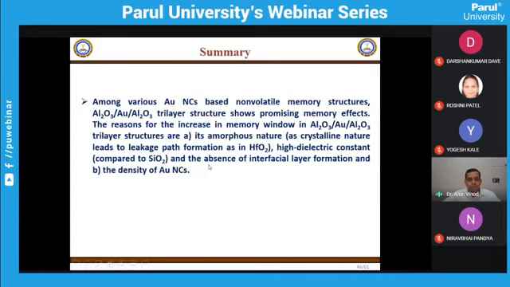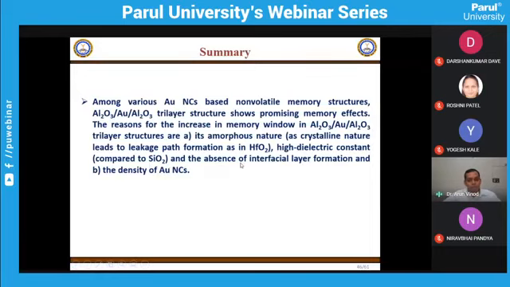So the crystalline structure led to a leakage path, and as a result, the stored charge leaked through this leakage path. Al2O3 also has a higher dielectric constant compared to SiO2. This is another reason.